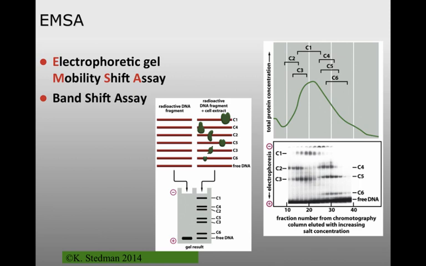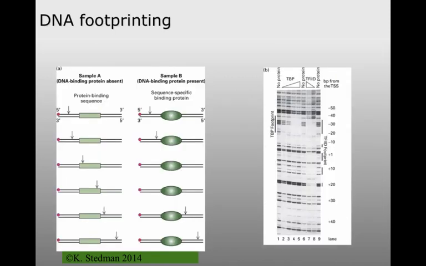This tells you that a protein binds to a piece of DNA, but it doesn't tell you exactly where. It tells you it binds on that piece of DNA, but not exactly where it is. And to figure that out, you have to do an assay like DNA footprinting. The whole idea with DNA footprinting is that you have a whole population of different DNA molecules, all of them labeled at one end, that are different lengths from each other because you've put in something that chops up that DNA.